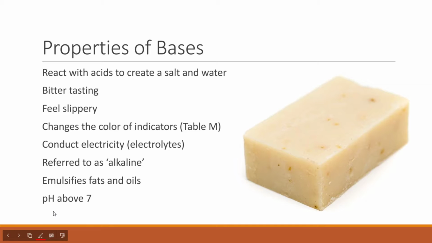Are all bases polar? All electrolytes have some polarity to them. Is there more? There is neither fat nor oil in the soap. The soap itself is a base, which again we're going to define in a little bit.